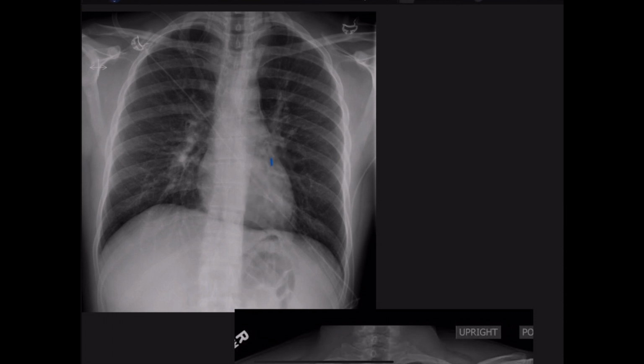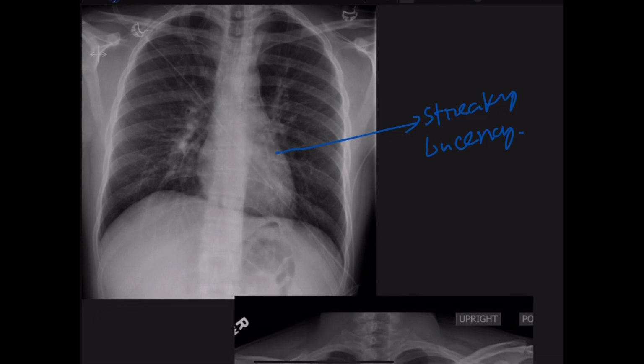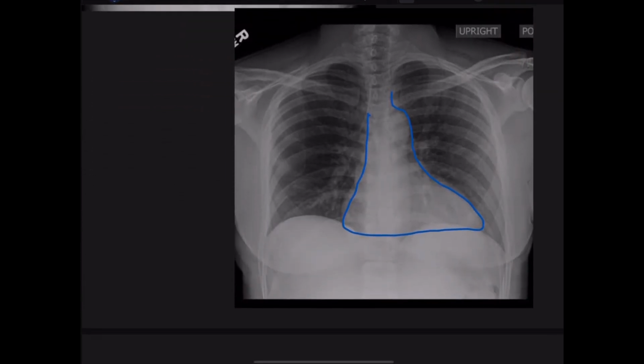These streaky lucencies will give you the idea that this can be an X-ray of pneumomediastinum. You can also see that in the normal chest X-ray, the central tendon can't be marked.